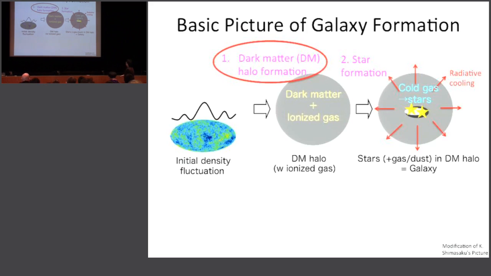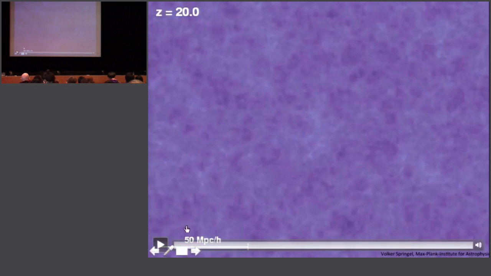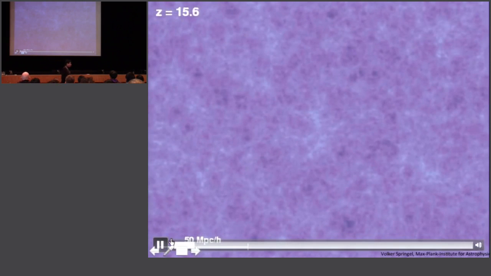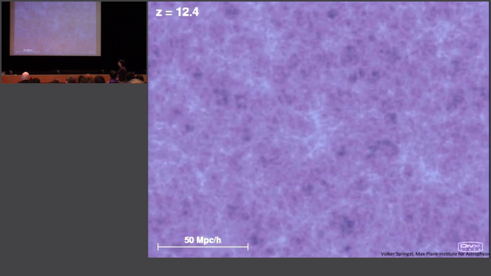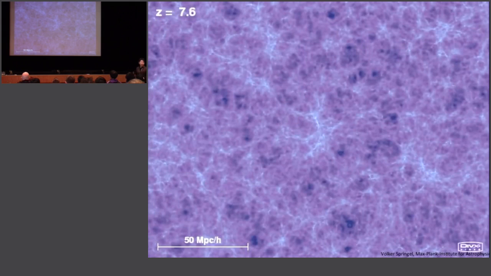So I go through the first component of galaxy formation. As many of you know, this is a simple n-body simulation. Collisionless dark matter particles are used, and they interact only by gravity.